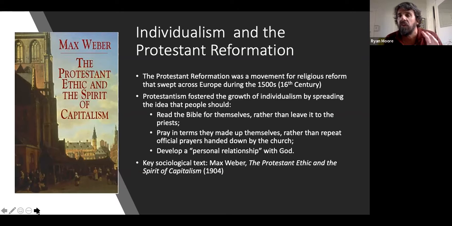Whereas Marx would say that economics is generally the motor of social change, the thing that causes societies to change over time. Weber's thesis will assert that it's intellectual, religious, or cultural factors.